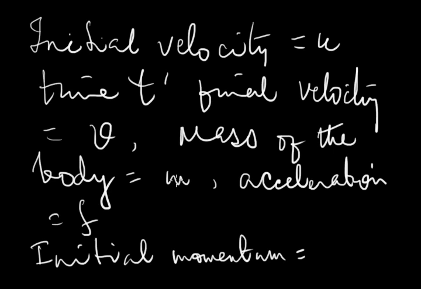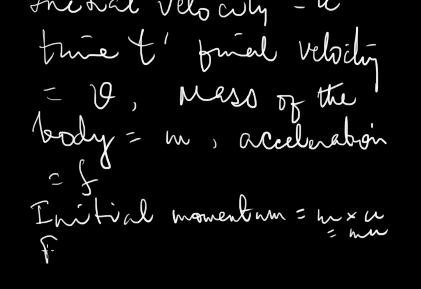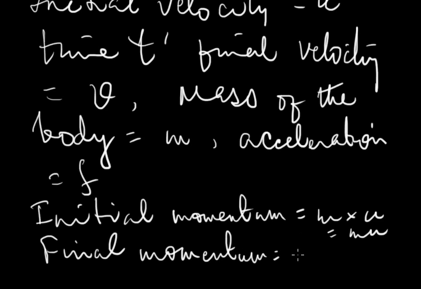Initial momentum equal to mass into initial velocity u, so m into u, that is equal to mu. Final momentum equal to mass into final velocity v, that is equal to mv.